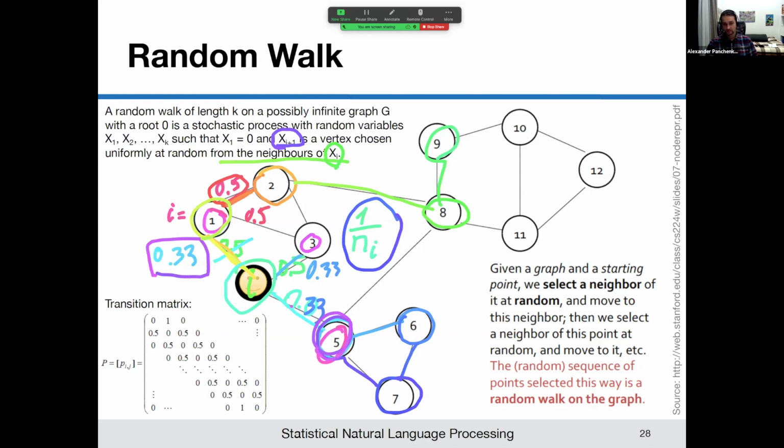So you went here, and then you went here, and then here, and then you return to this node. So that might be another random walk which you performed on this graph. And so as a result, you have a sequence of points selected in this way, which you're interested in, right? And this random walk is usually performed using a transition matrix, but it's basically a technicality.